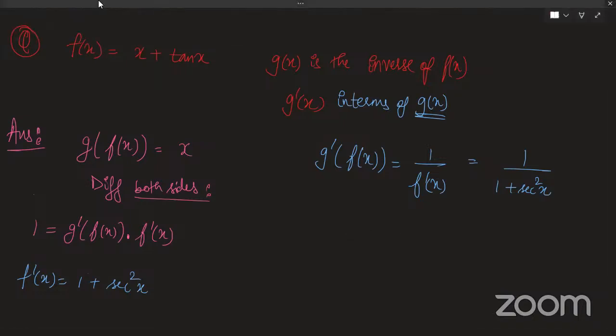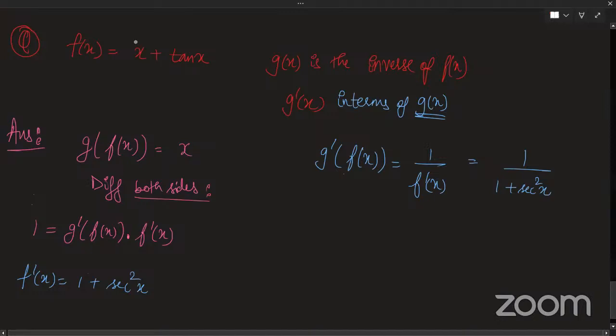But still, how will I get my answer in terms of g of x? Think, is that possible using this method? Because over here I have got this thing inserted.